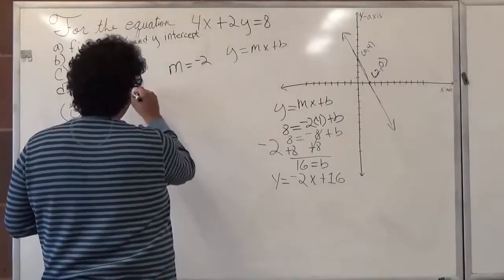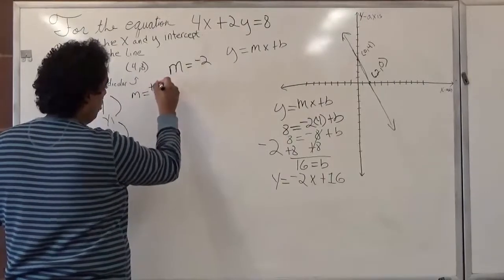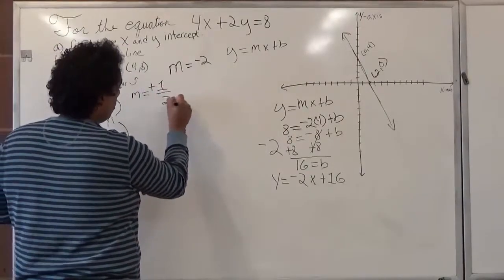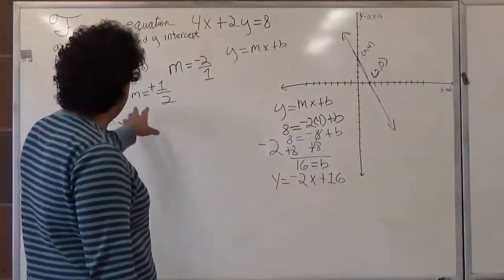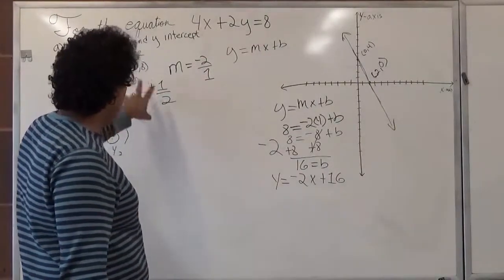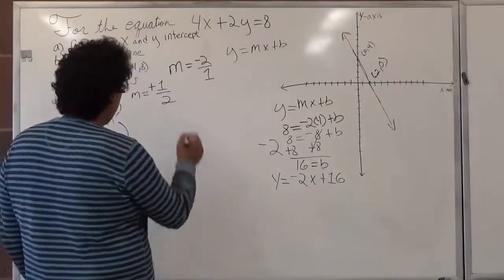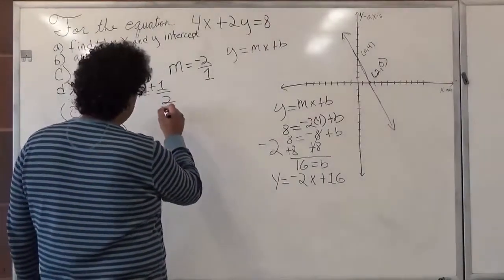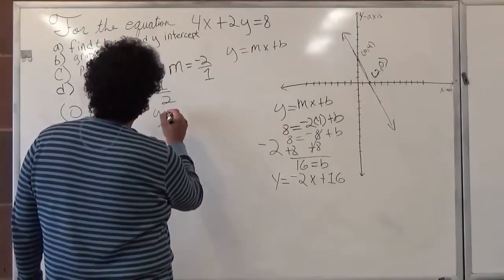So for perpendicular, it'd be positive 1 over 2, because this is the same as 2 over 1. And now we have a point, we have a slope, we can plug it into our y equals mx plus b, and we can solve for the equation of the line. Or we can solve for b, and then we can put that into the equation of the line.